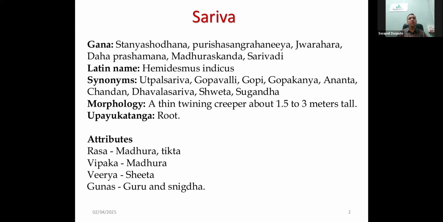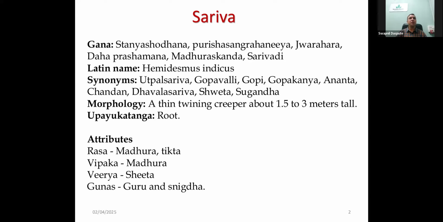Chandana. So Chandana, you may get confused with Chandana as sandalwood as well, but you should look at the translation. You can understand the context where that particular synonym is used in a particular verse or shloka. Dhavala Sariva, Dhavala is white. Okay, so Dhavala Sariva is also one of the synonyms. Shweta, Shweta again is white. Sugandha is aromatic.